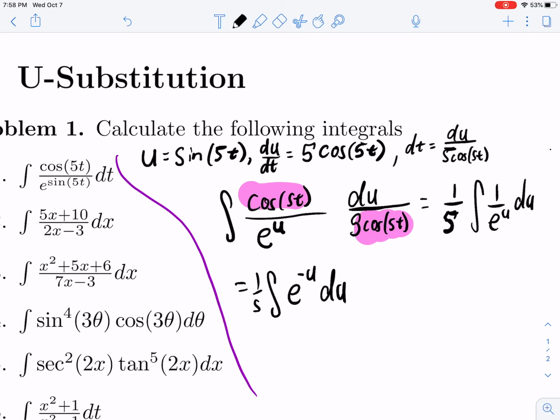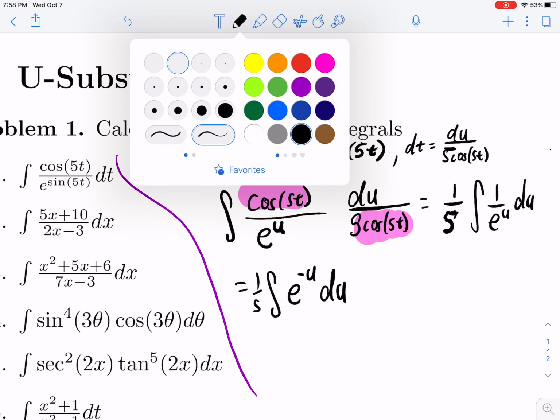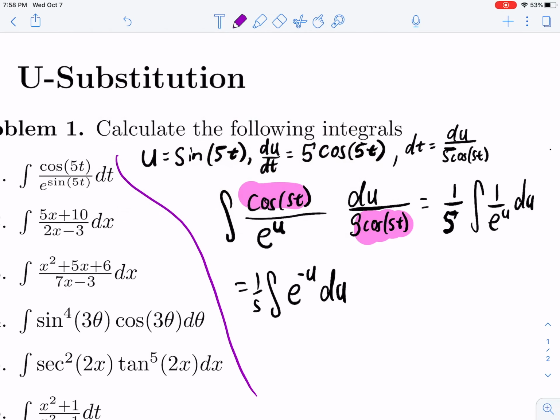Now you might be tempted to simply do that integral without thinking too hard about it, but we don't know how to do the integral of e to the negative u. We only know how to do the integral of e to the u. And what's the trick we use if we don't know how to take an integral? We try U substitution.